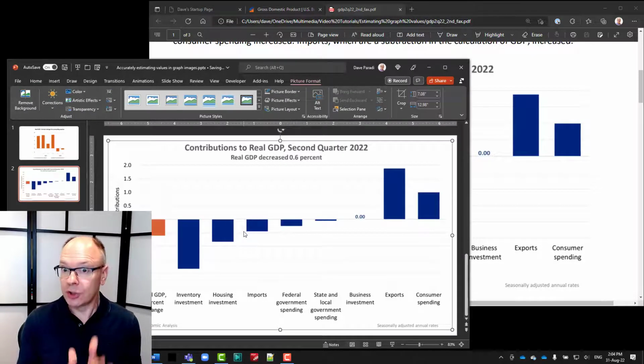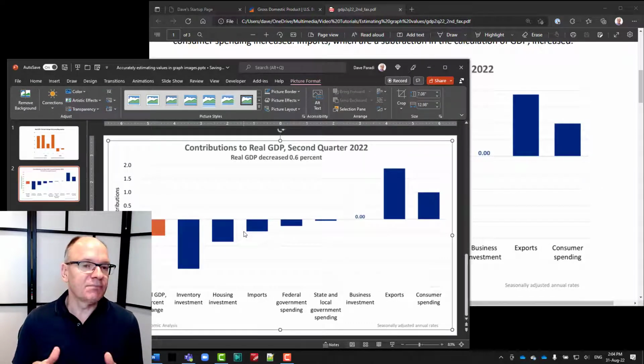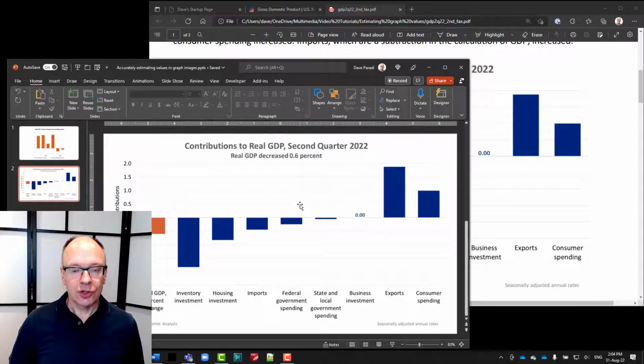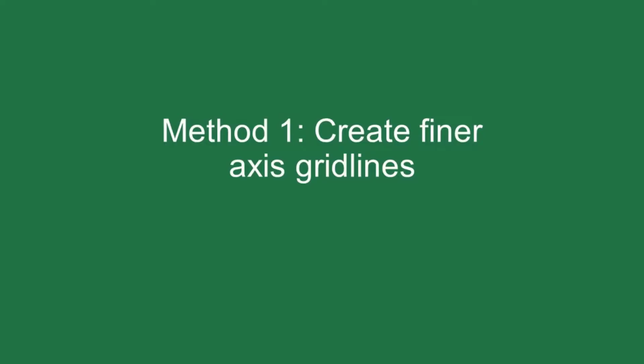Look at how much larger that graph is because it's much higher resolution. This is the preferred way to get a graph into your PowerPoint slide. And in most cases, the PDF is going to have a high resolution image because it's meant for printing. That's why it has a high resolution image. So step number one is to get the image of our graph into our blank PowerPoint slide.